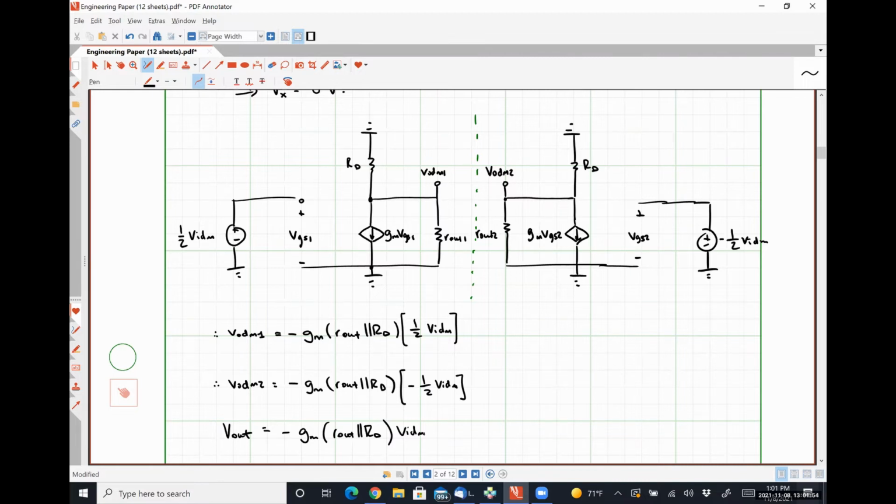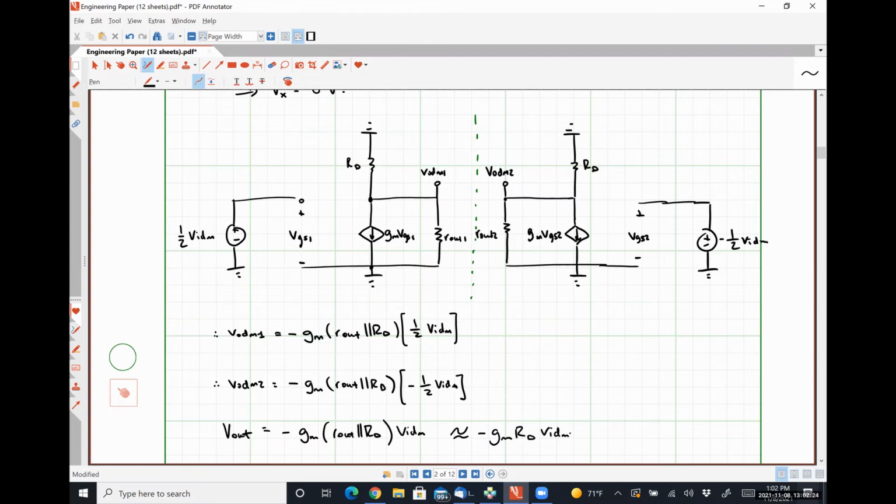So RD is typically going to be smaller than the output resistance of our transistors, which means this guy is going to be approximately negative GM RD times our full differential mode input voltage signal.